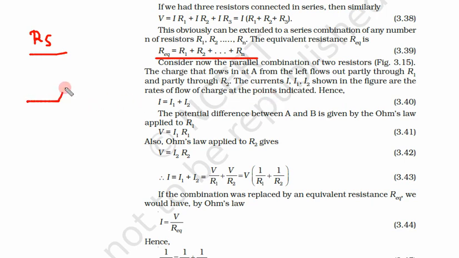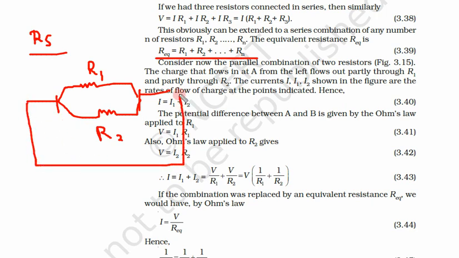In parallel resistors, this is resistance R1 and this was the resistance R2. Both these resistances are in parallel. So the potential at the ends of these resistors, or potential drop, was the same. What happened? The current I started from this point and it divided into two parts, I1 and I2.